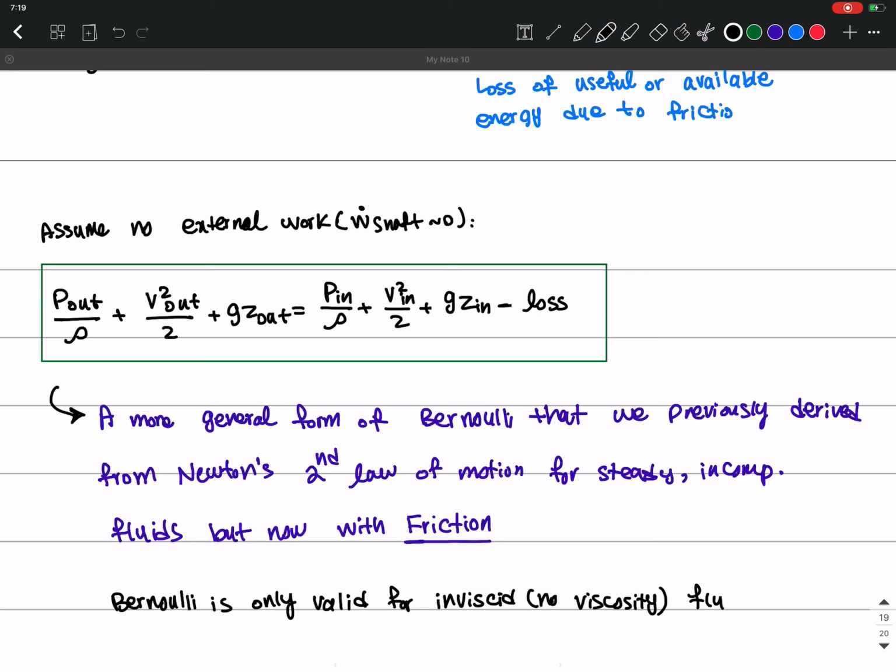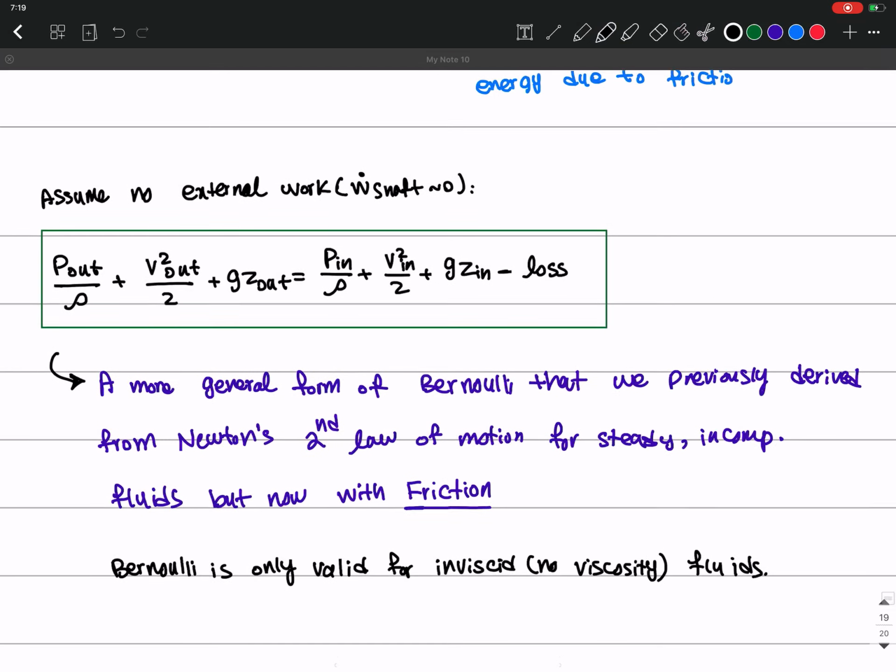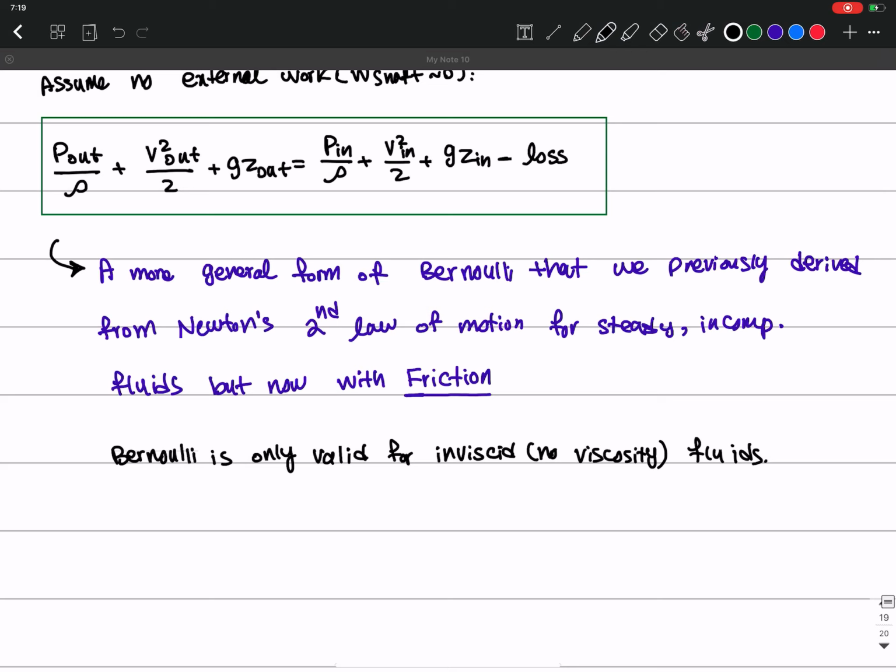But this formula that we derived is a more general form of Bernoulli that also accounts for these kind of losses in the system or friction in the system, okay?